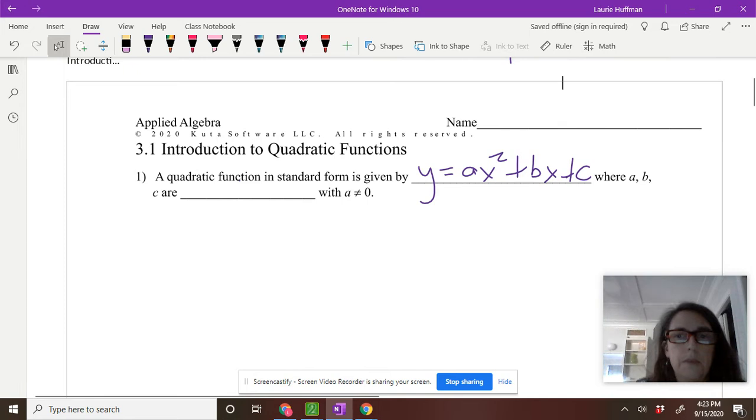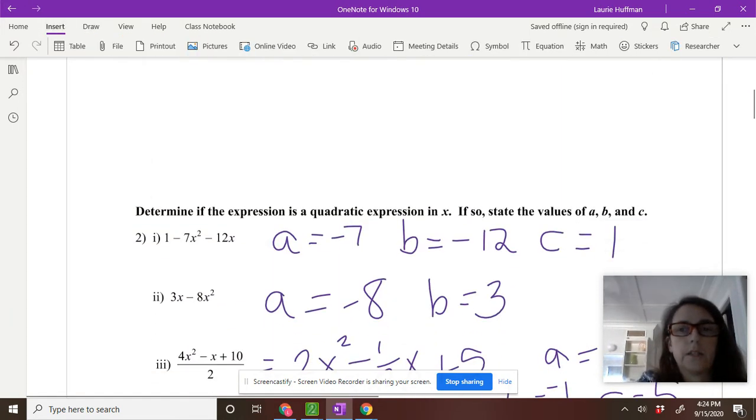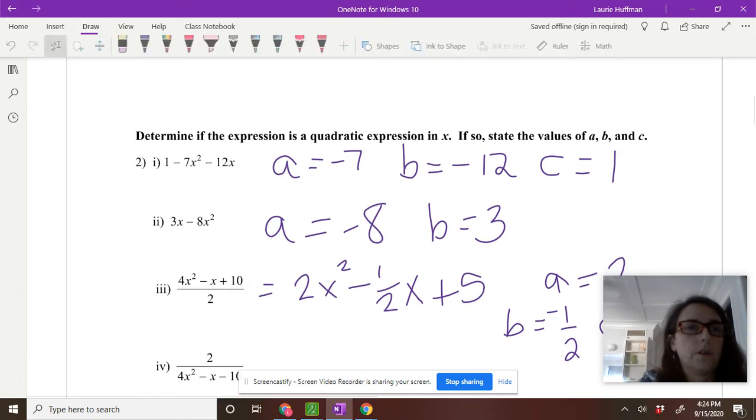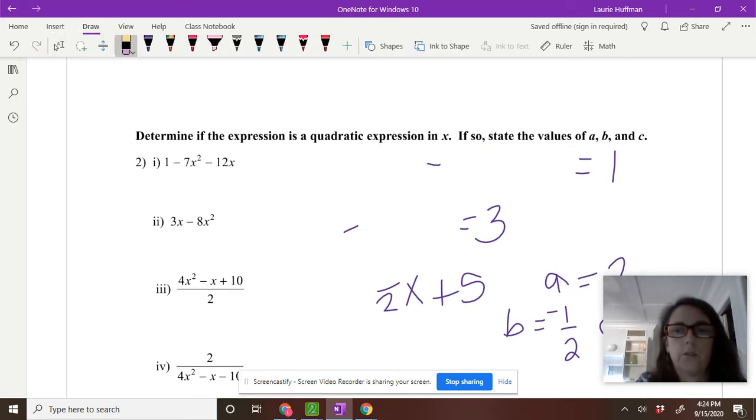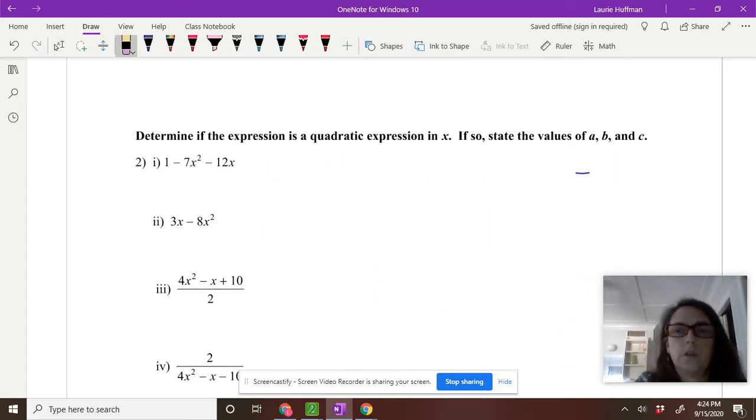Okay, so let's go ahead and look at some examples of different quadratic equations and talk about these coefficients a, b, and c. They're going to be important because they affect the shape of the graph and things like that.